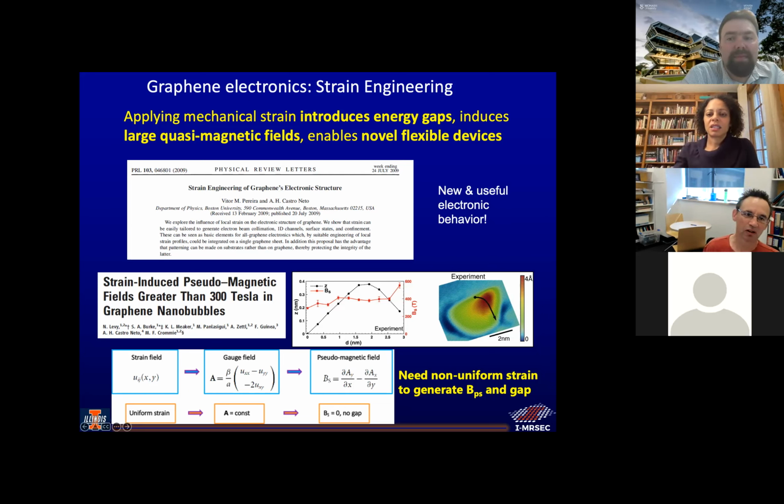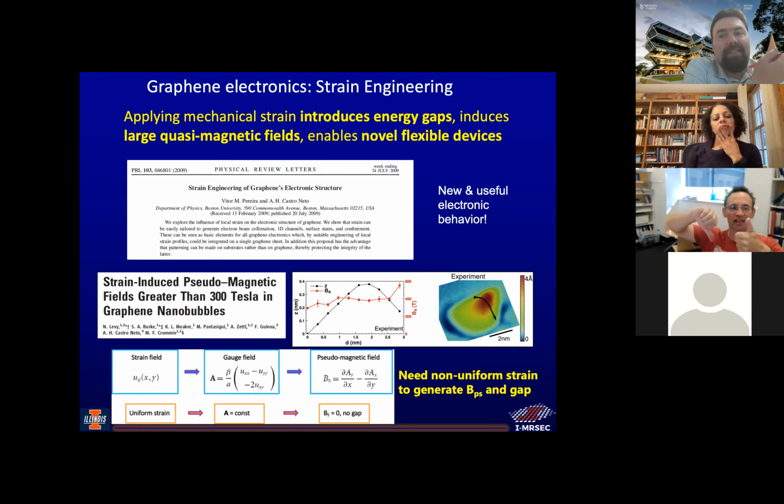But if you valley polarized it or created a valley imbalance, then you would pick up a Hall voltage, because the two valleys have opposite effective field. You could think of it almost as charge.